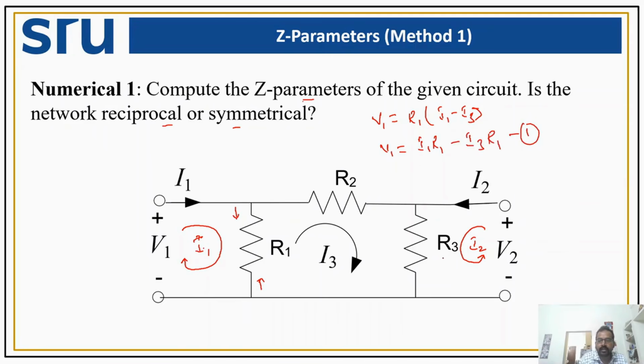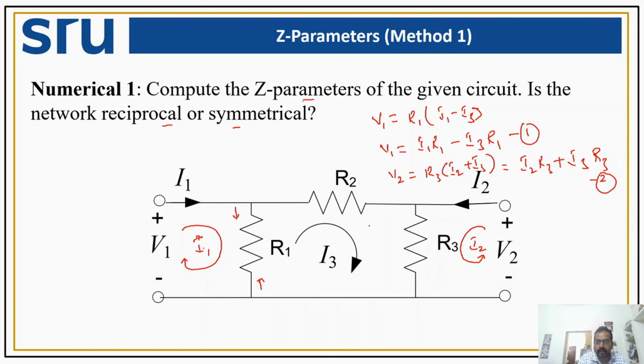Now for the second equation, we can write V2 equal to R3 into I2 plus I3, so we can write it as I2 R3 plus I3 R3. This is our second equation. And we can write the third mesh equation.